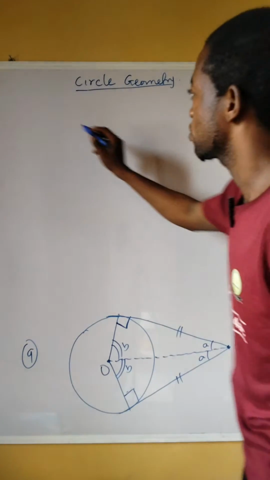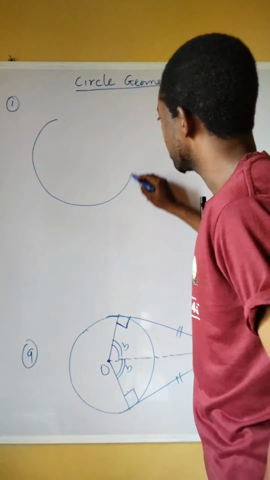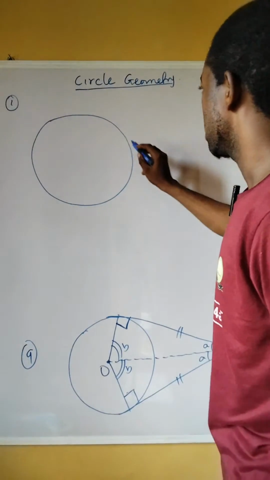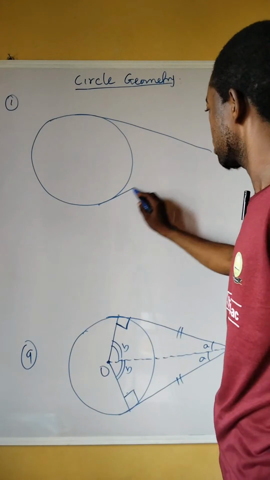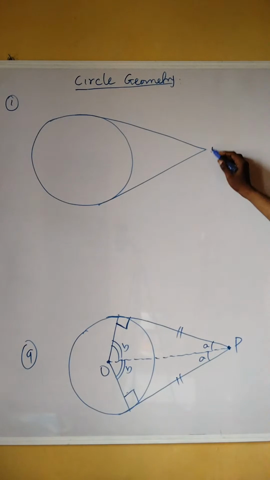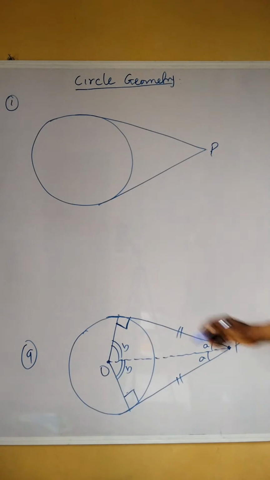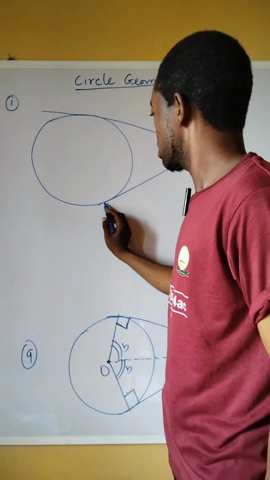Now, given this circle, let's look at this number one. Given this circle here, we have these two tangents from an external point. We label this point as point P, and here is the tangent.